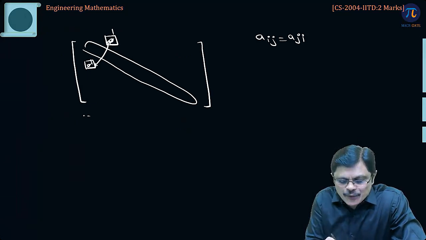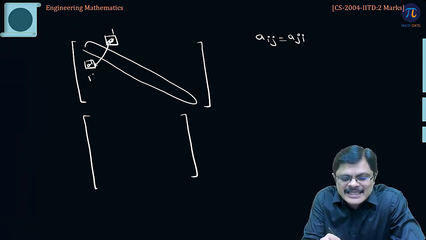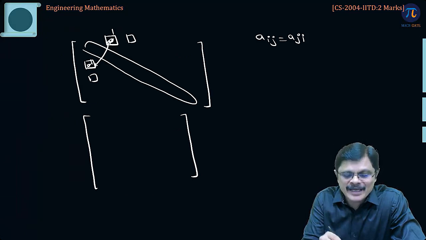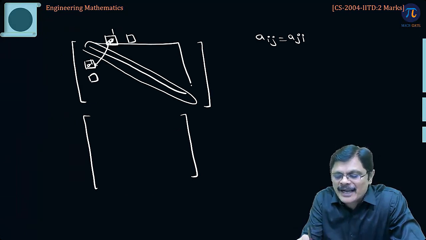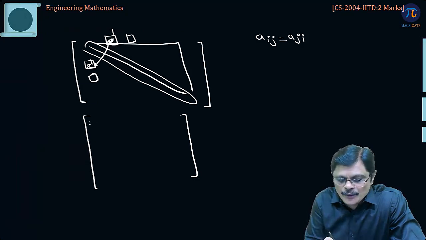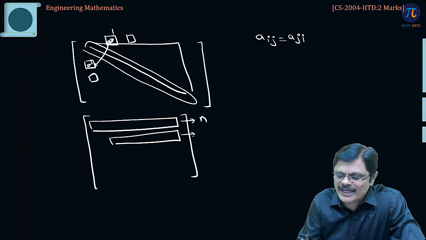So we just need to fill the elements above the main diagonal. We don't have to fill the elements below, because if I fill this, I know this element. So I just need to fill the upper triangular part. First I need to fill n elements here. In the next row, I need to fill n minus 1 elements.